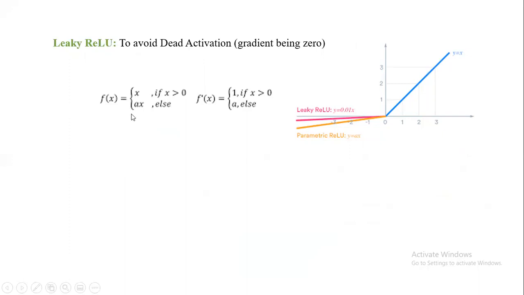Instead of having 0 on the left side of the origin, it has a small gradient line passing like this. So the leaky ReLU is x and ax: if x is greater than 0, it is x, otherwise it is ax. This is the gradient we can see again. It doesn't have the problem of vanishing gradient.